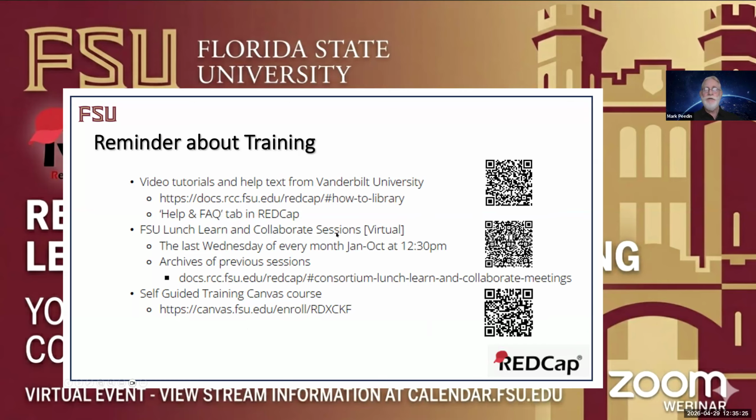We also have our series of previous lunch, learn, and shares. We have them in a safe place in a document in the docs area at this URL. QR code is here if you wish to check it out. And then, of course, we've got our self-guided training, which is a Canvas course at this URL and this QR code.